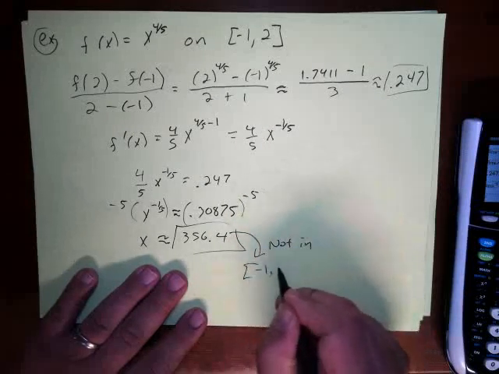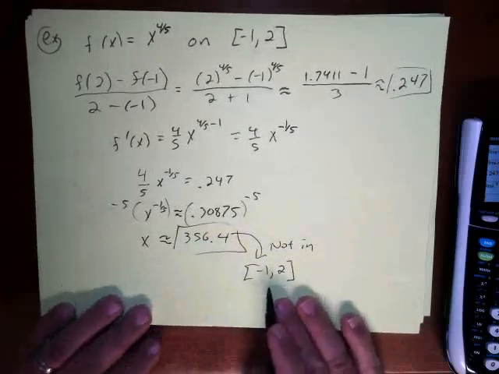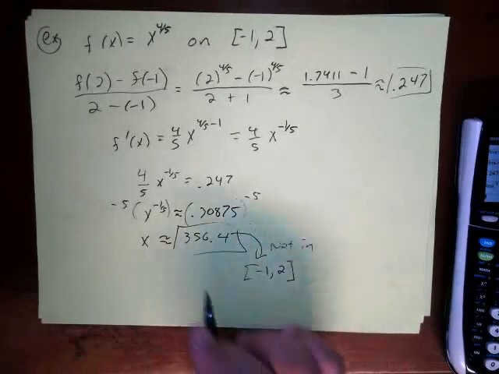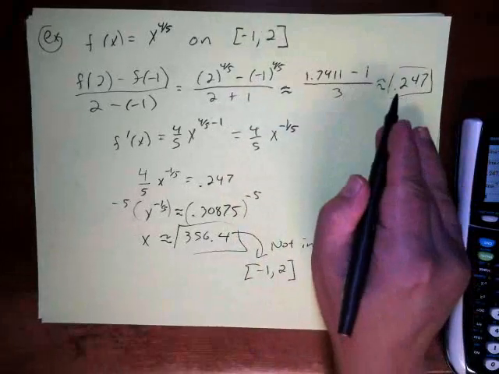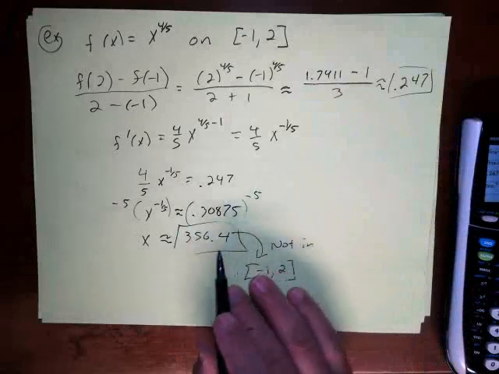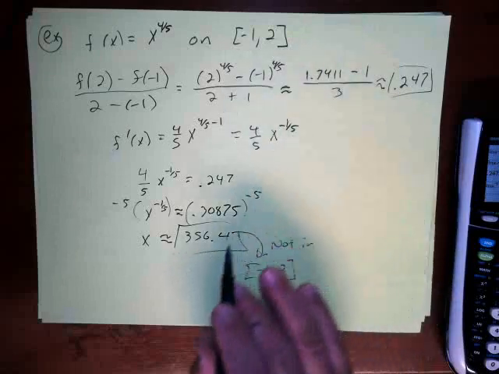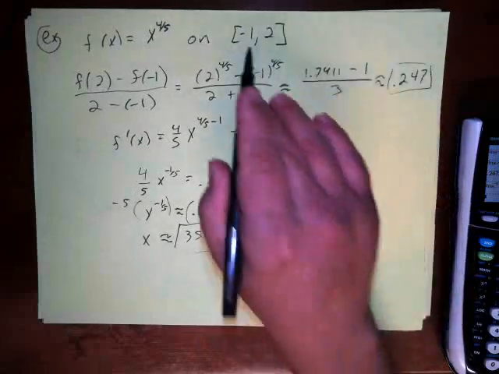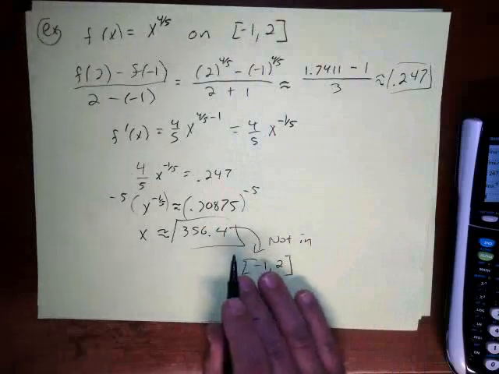It's not in -1 to 2. It's way outside that interval, and that's the only solution. So there is no value in the interval that gives you a derivative of this. In fact, there is a value, but it's way outside that interval. The value that would give you the average rate of change over this interval is way outside of that interval.